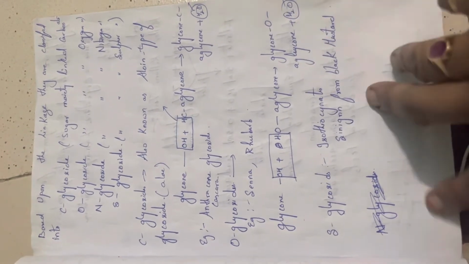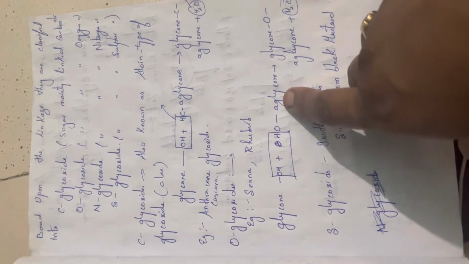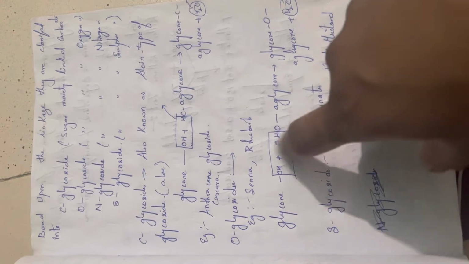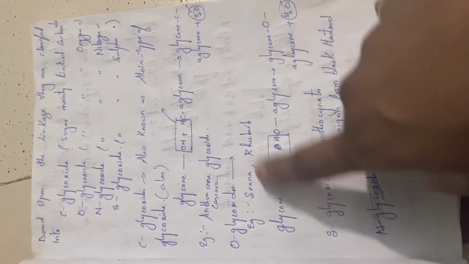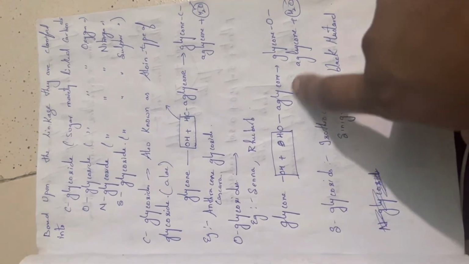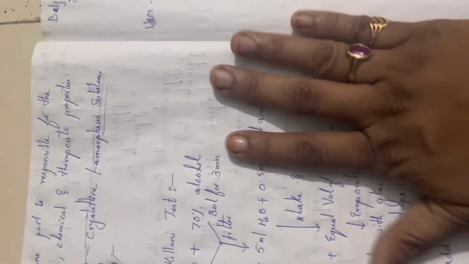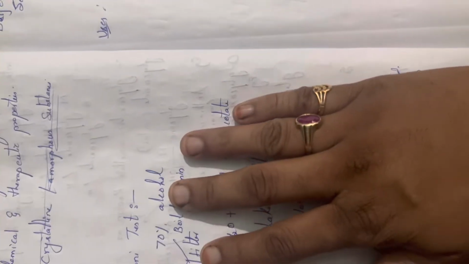And the reaction is glycone OH plus SH glycone, H2O will be liberated out, and you will get glycone-S-glycone plus H2O. Same with N glycosides also, you will have the same linkage formation.